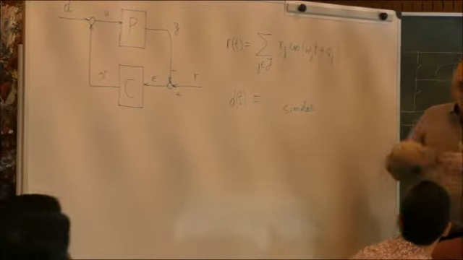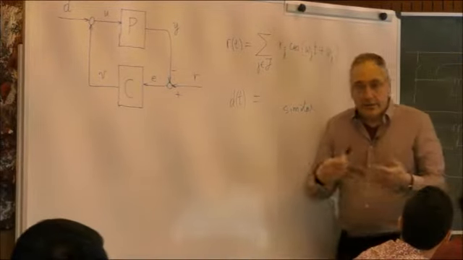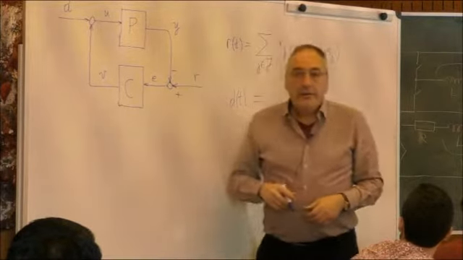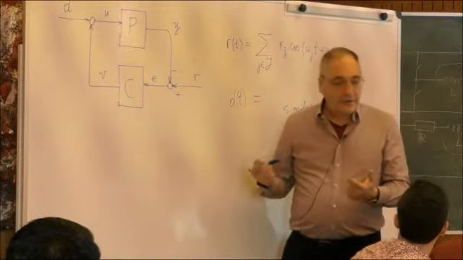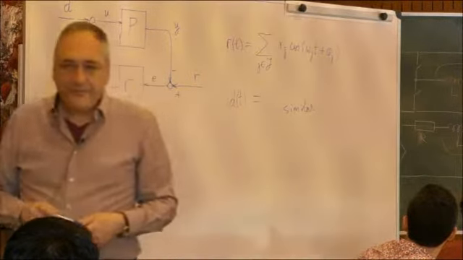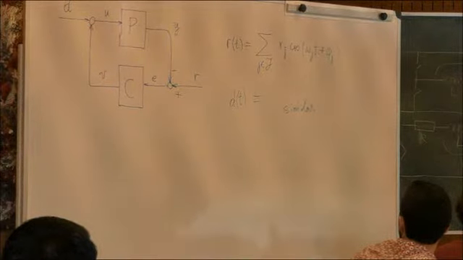Well, based on all the reasoning that we did earlier today, what we need is a controller which does what? Who can tell me the answer? Stabilize the system, correct, and I would like the steady state error to be 0.